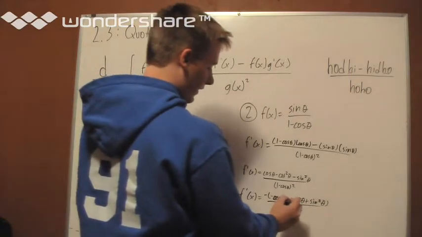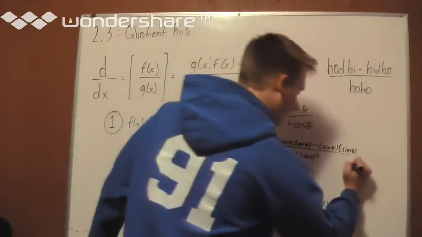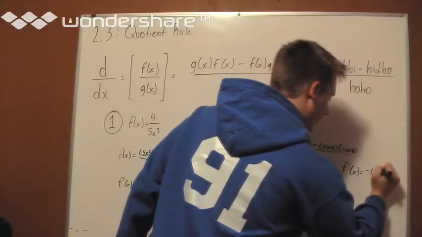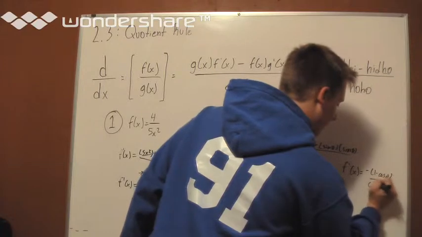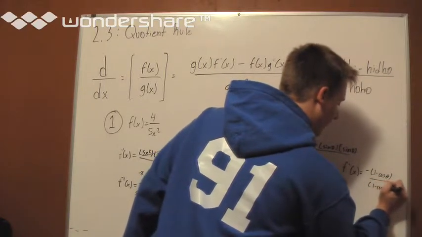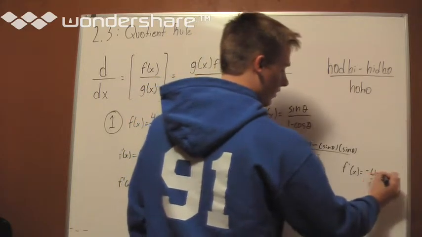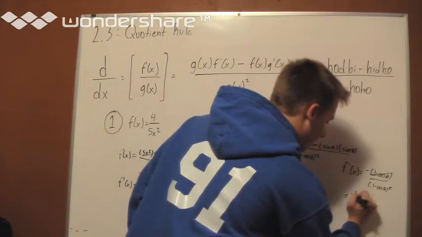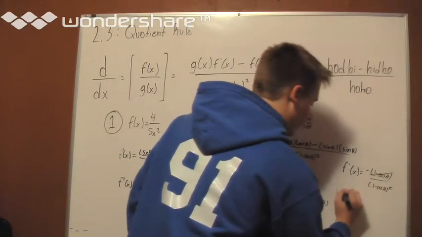Because we did this, we can make this equal to 1, and if we rearrange this, we can get the derivative of f of x equals negative 1 minus cosine theta over 1 minus cosine theta squared. Looking at this, we can cross out this, and we can cross out 1 at the bottom. So all we're left with is negative 1 over 1 minus cosine theta, and that is our answer.